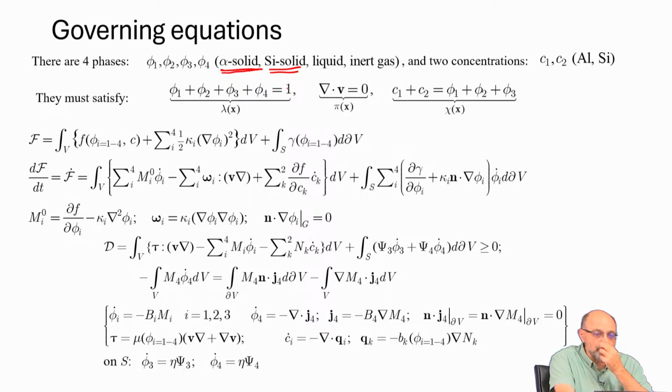Usual crystalline structure for silicon. I get liquid, which is the mix of aluminum and silicon, and I have inert gas. These are the phases in my problem, 4 of them.